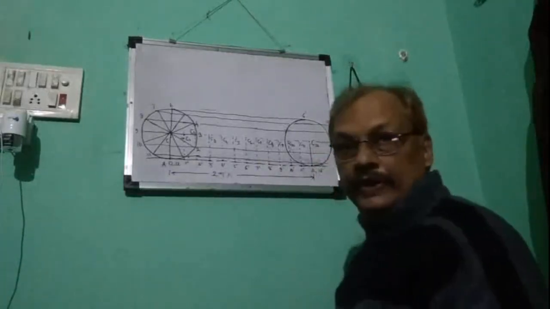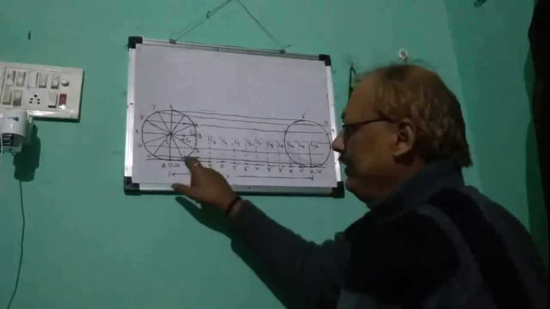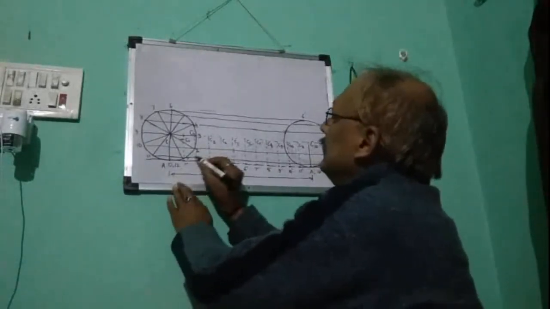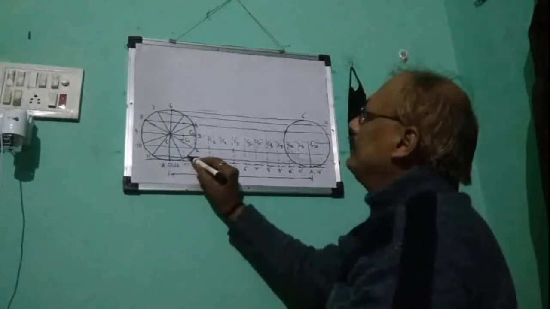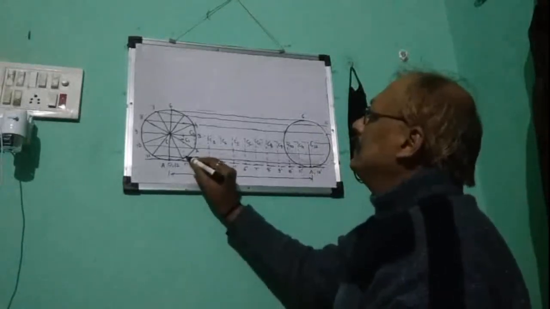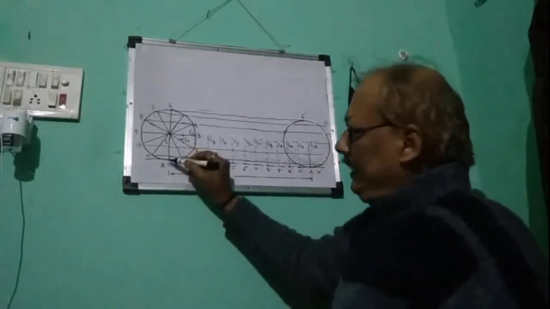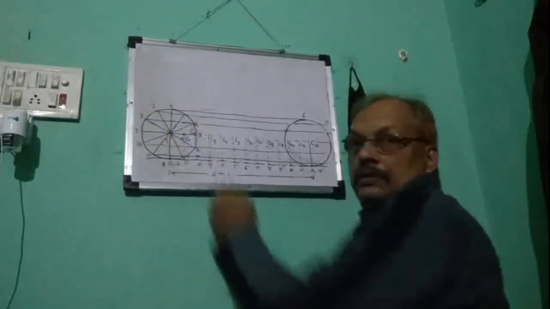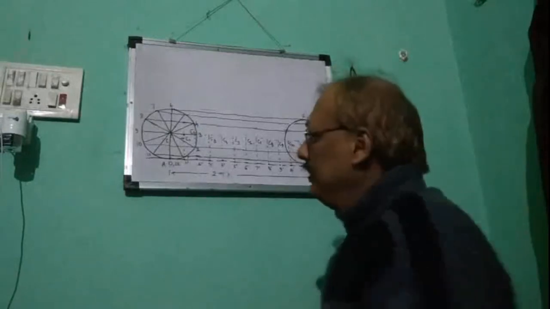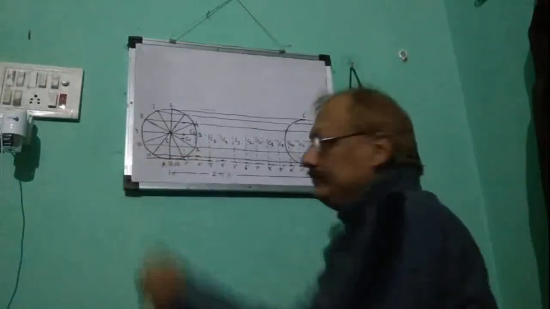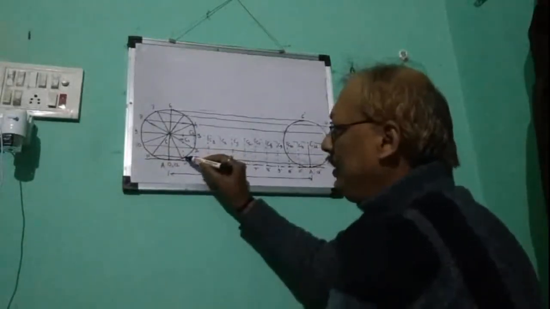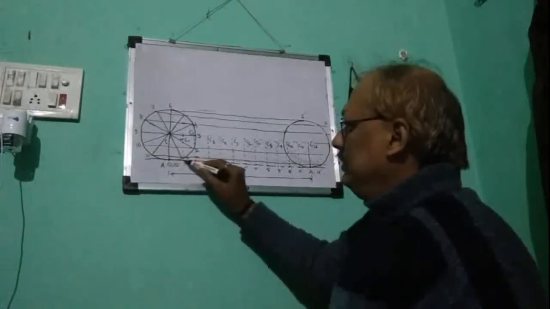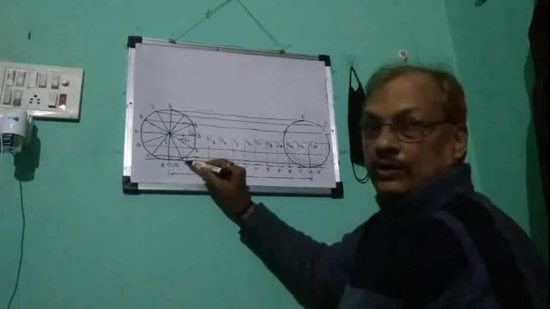So now we know that when 1 will fall on 1 dash, A will rise to the same horizon. 1 got down from 1 to this 1 dash, meaning this much it got down.